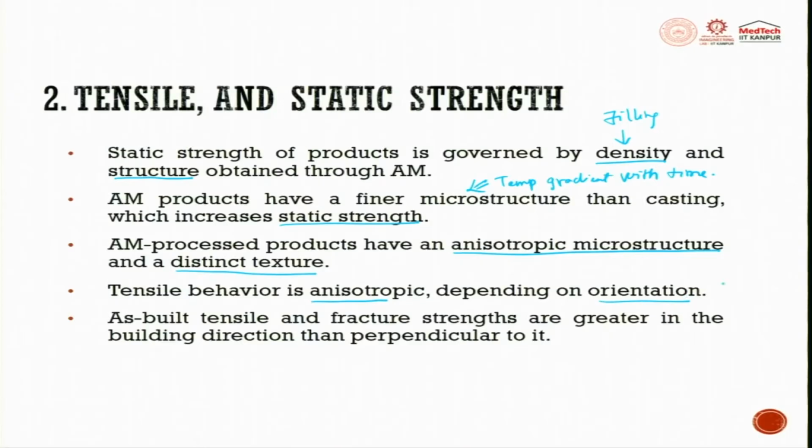As built, tensile and fracture strength are greater in the building direction than in the perpendicular direction. Why in the perpendicular direction? Because there you have layer by layer by layer, and between layer 1 and layer 2 there can be delaminations or imperfections which are produced.